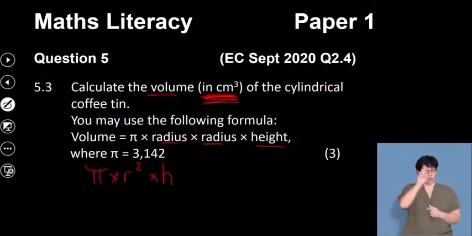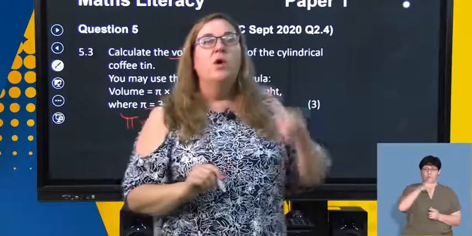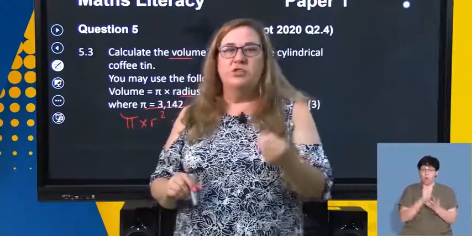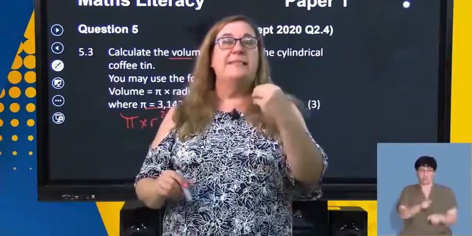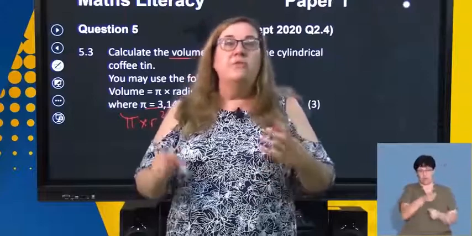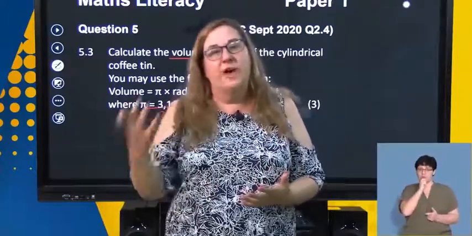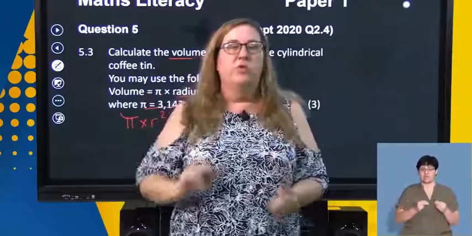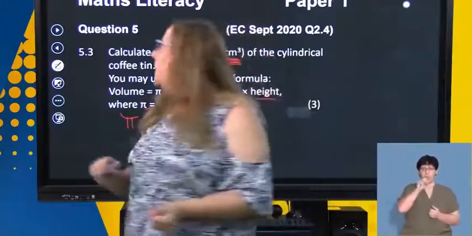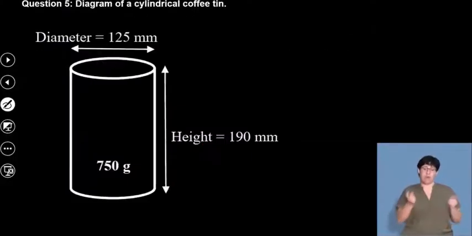I'm going to show you that. And they tell you to use pi as 3,142. Always follow the instructions. So always use the numbers that they give you. So although if you are using a scientific calculator, you have the pi button, please rather use 3,142. Okay? It makes it easier for your examiners.